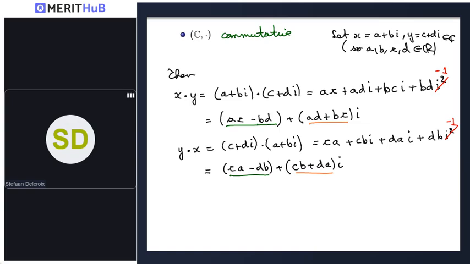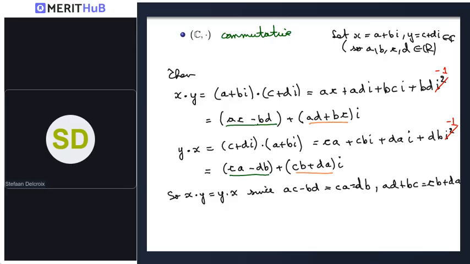So I'm just going to write, so x times y is y times x, since ac minus bd is ca minus db, and ad plus bc is cb plus da. And this is properties of the real numbers. But we're actually using quite a bit of them.